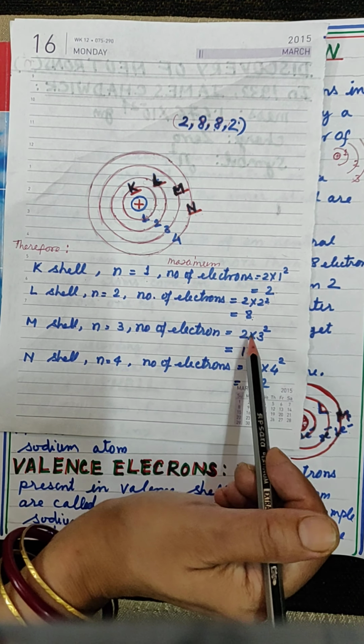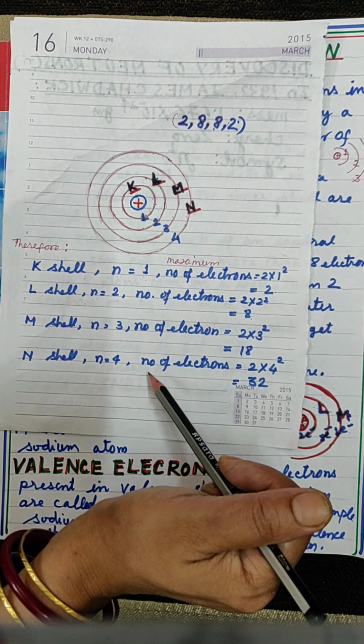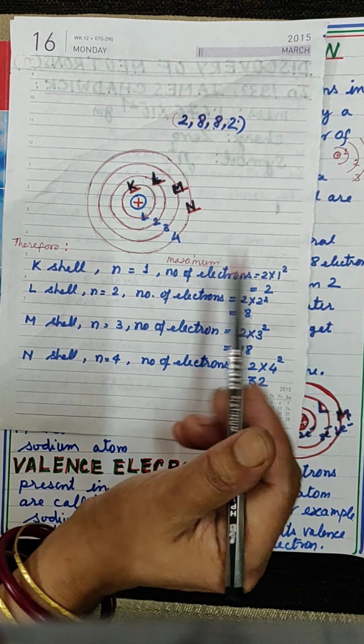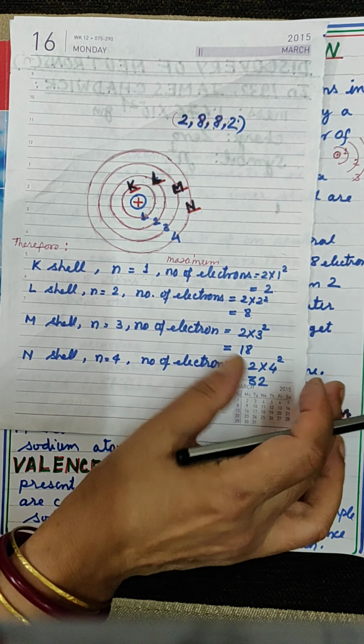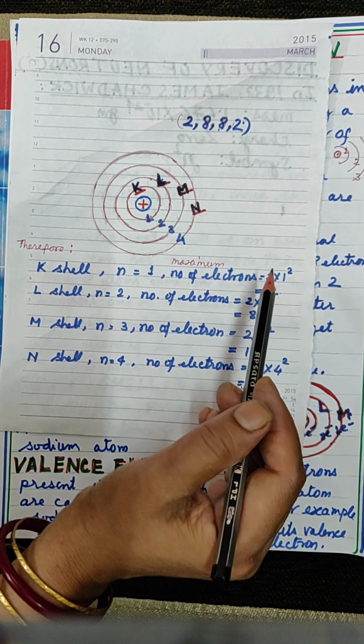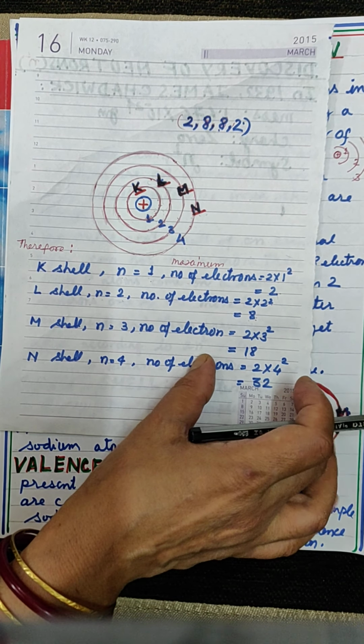The third can have 2 into 3 square, that is maximum 18 electrons, and the N shell, that is the fourth one, can have 2 into 4 square, that is 32, and so on. Any atom, depending on the number of electrons, can have 1 to 7 orbits or shells, minimum 1 and maximum 7.